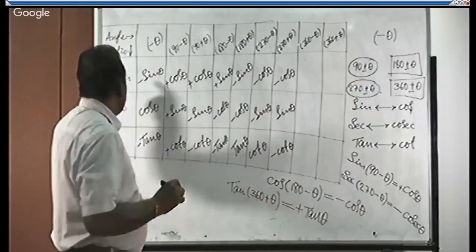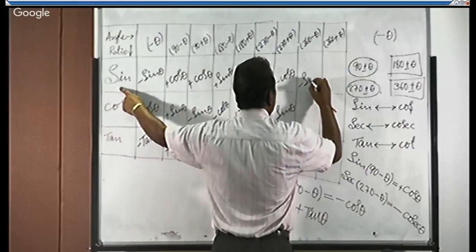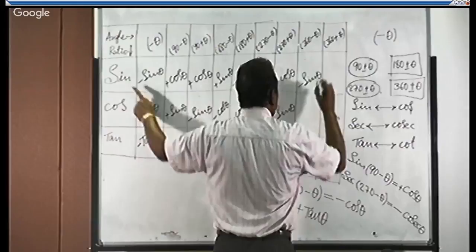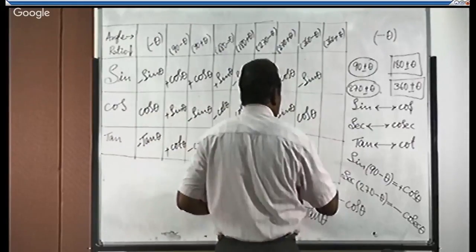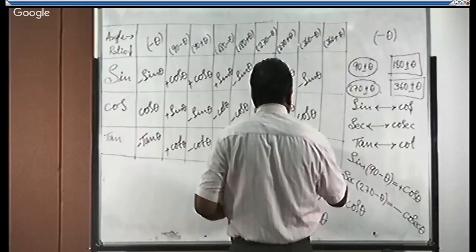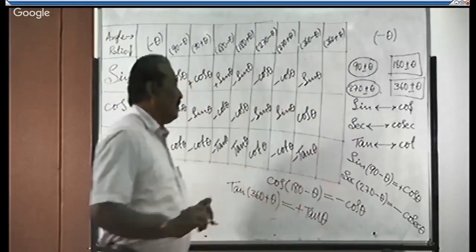According to that convention, sin of 360 minus theta is minus sin theta, and cos of 360 minus theta is plus cos theta. Tan of 360 minus theta is minus tan theta.